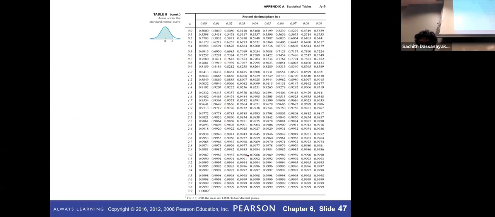You don't need to find it. I'll tell you why. You don't need to go to the table if you remember what I told you last few days. So this value is here, which means your row value and column value is positive 1.96.